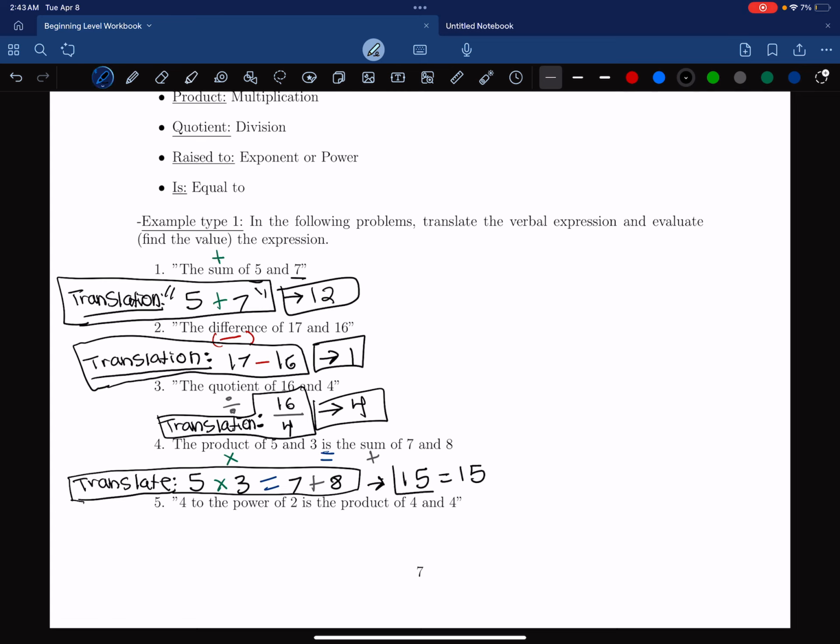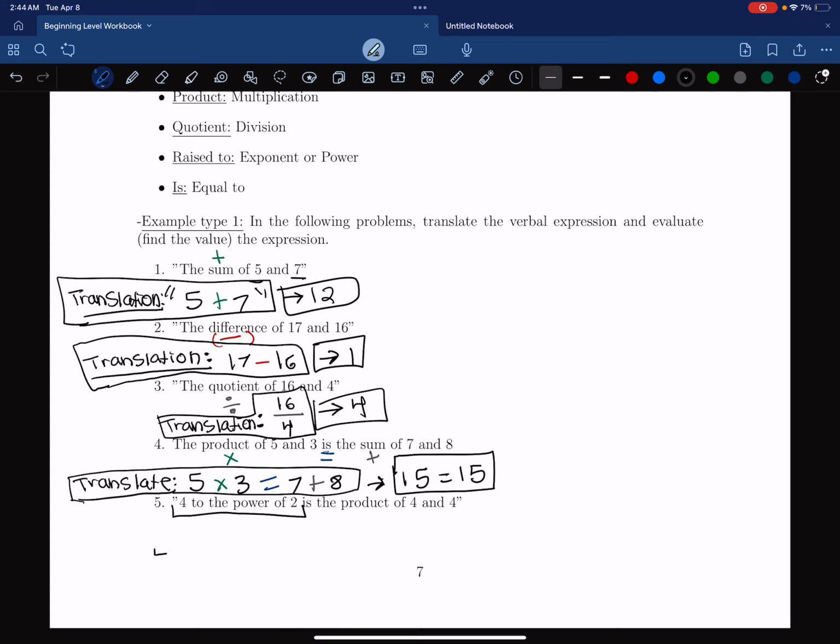of 4 and 4. So I encourage you to pause the video and let's work through it together if you have gotten an answer. So we have 4 to the power of 2. So let's just think about that first. 4 to the power of 2.